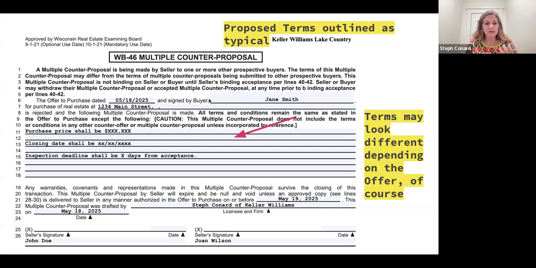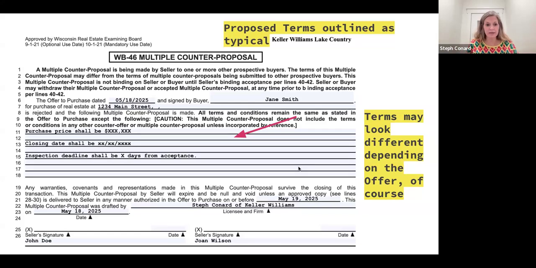Starting at line 6, it should look kind of similar. The offer to purchase dated, you'll put the date there, signed by the buyer, and then the address on line 7 is rejected and the multiple counter proposal is made. All terms and conditions remain the same as stated in the offer, except the following. This is where you're going to identify the changed terms. So this is going to look normal.